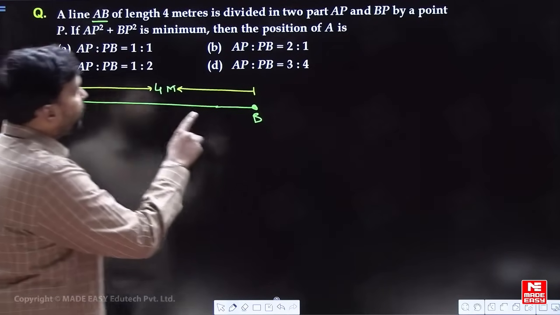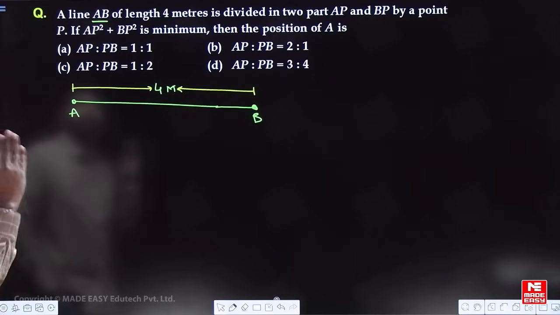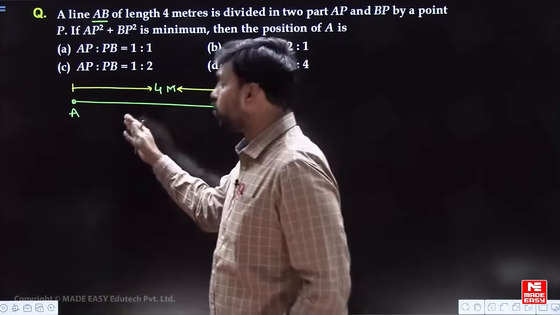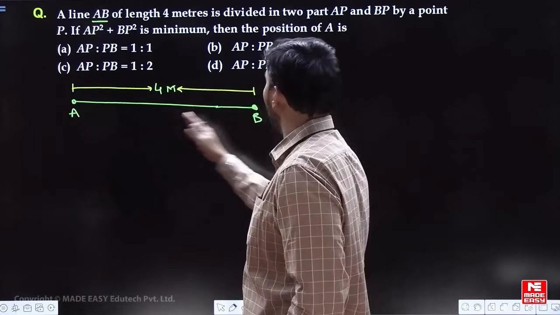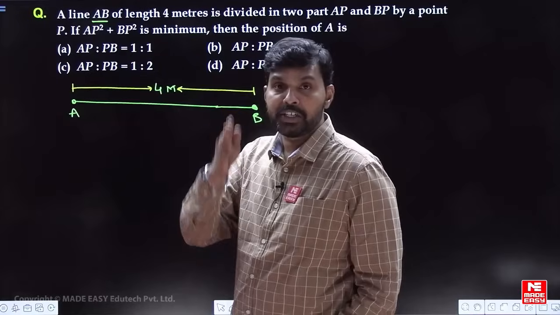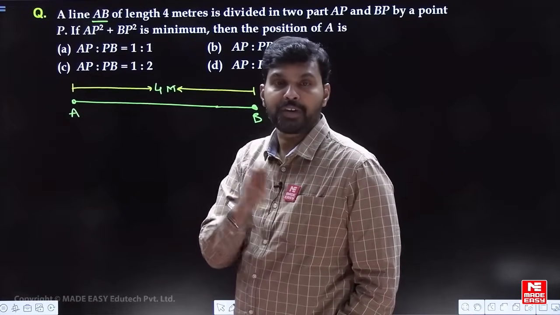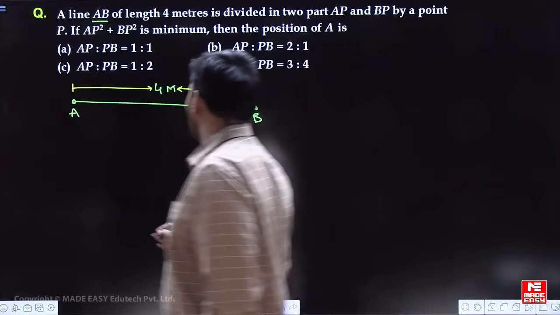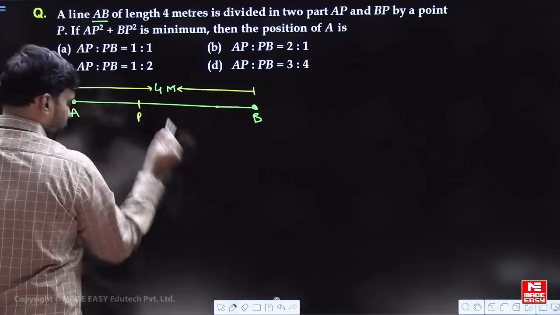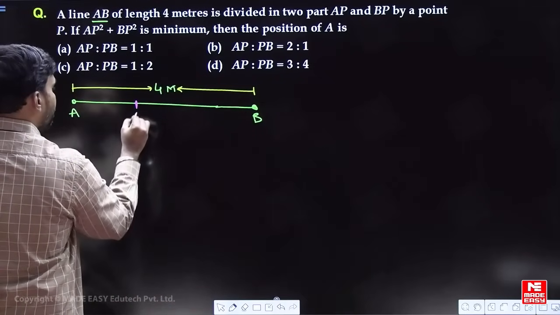Now it is divided into two parts, AP and BP, by a point P. So this AB length line is to be divided into two parts after breaking at P. Suppose this is a point P, somewhere you can take here.